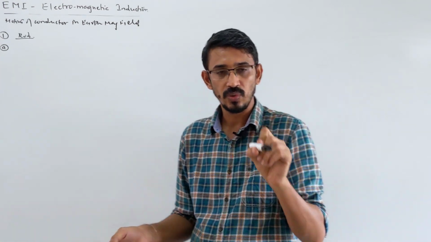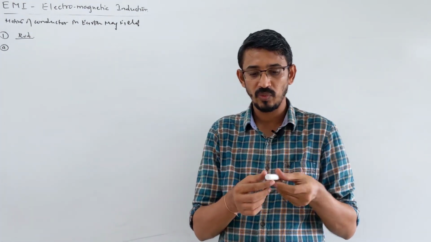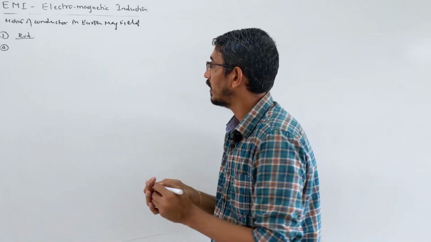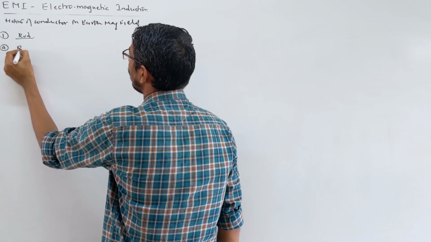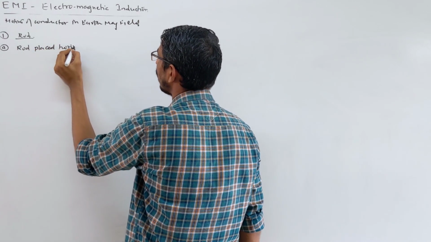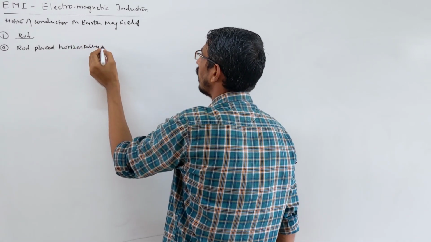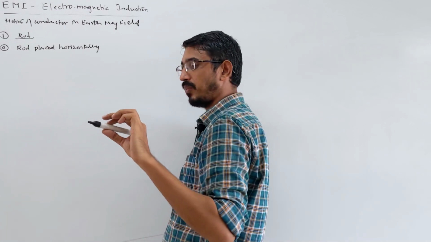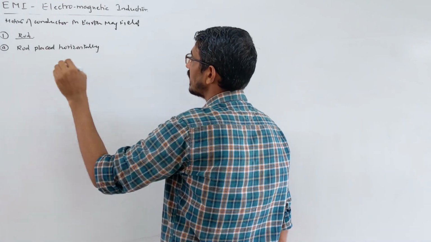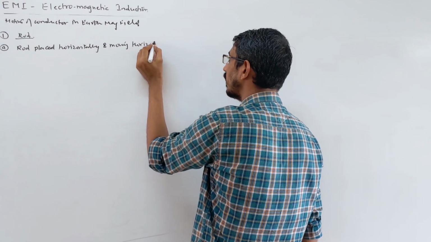So in the first case, a rod is moving. We are holding the rod horizontally and moving it through the Earth's field, so it will cross the vertical component of Earth's magnetic field. Write in words here: rod placed horizontally and moving also horizontally, keep in mind.